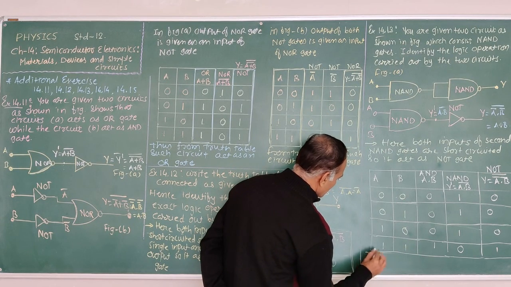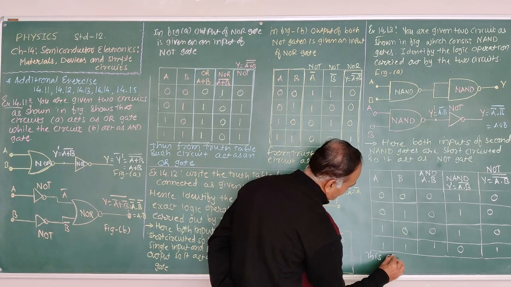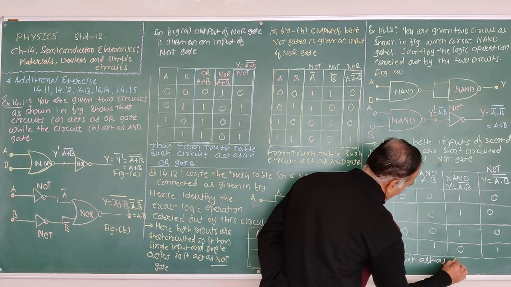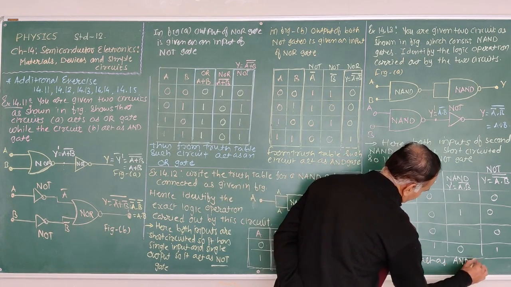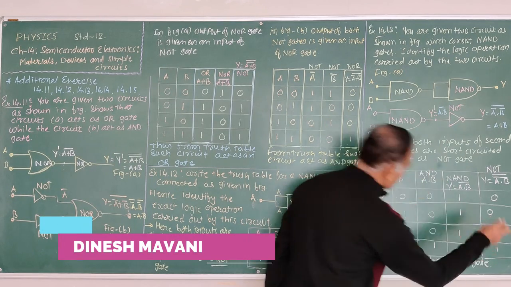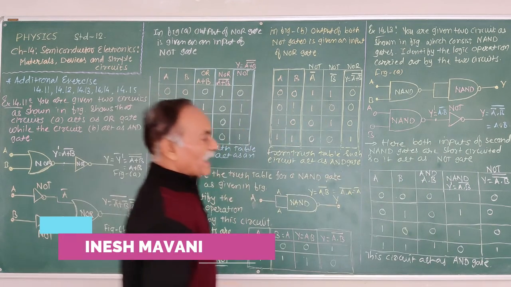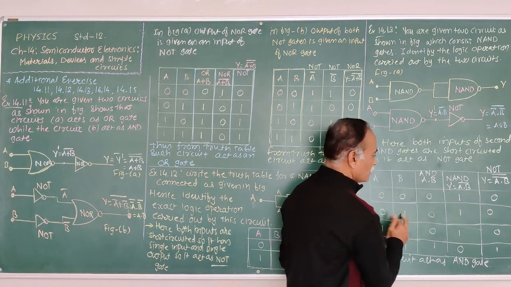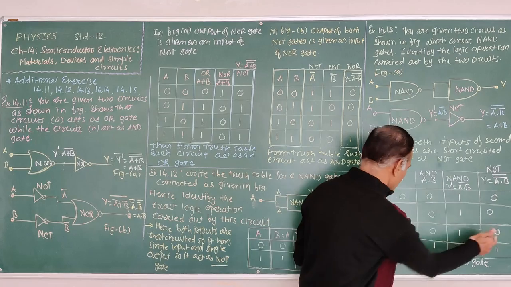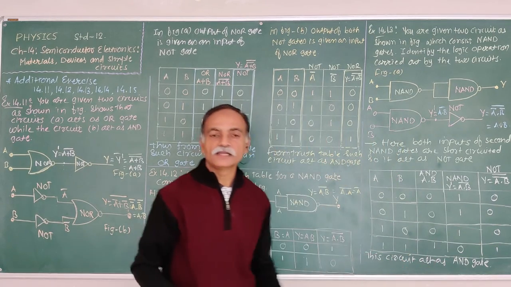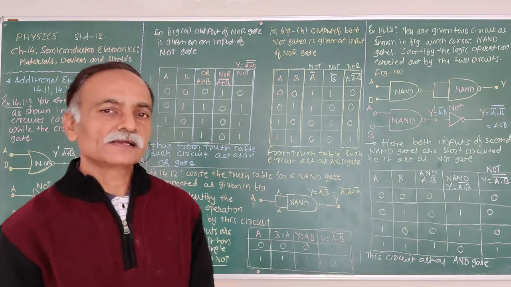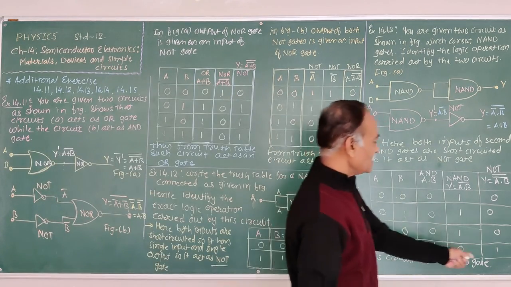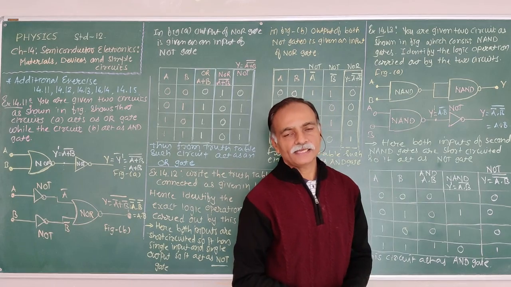So this circuit acts as an AND gate. From the final output and initial input, we get 0, 0, 0, 0, 1, 0, 1, 0, 0, and if both inputs are 1, we get the output 1. So that is the characteristic of the AND gate. So this combination acts as an AND gate. Clear? Okay.